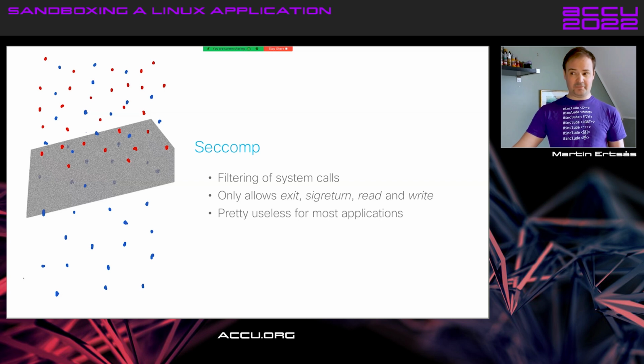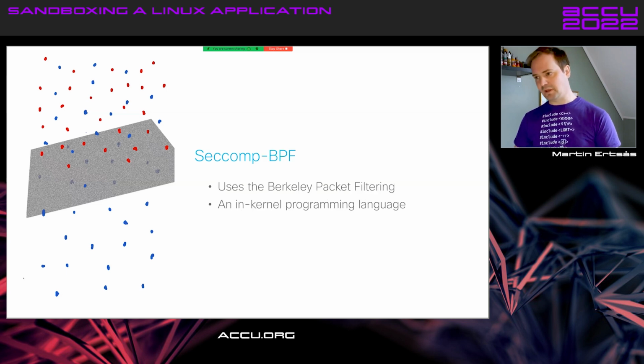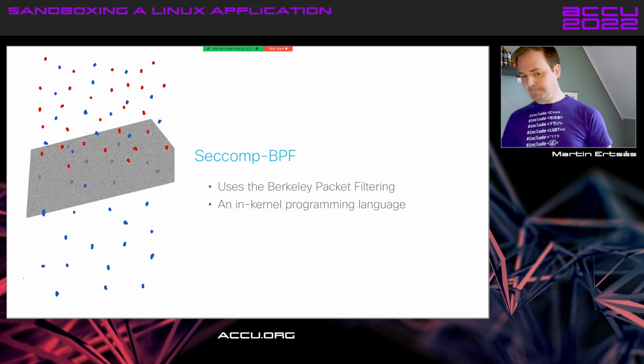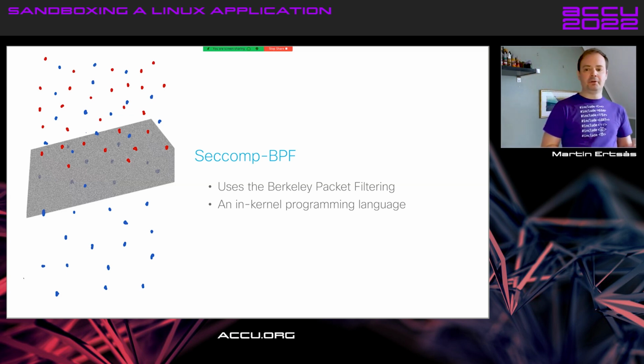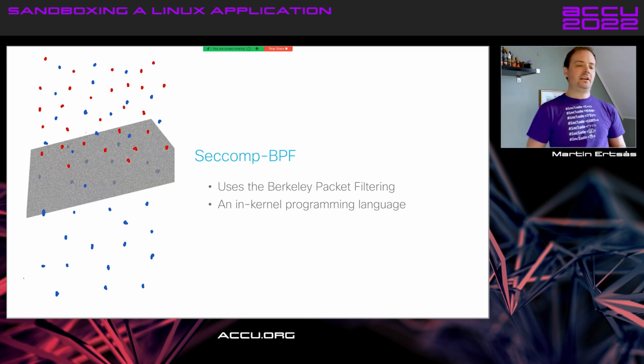So this is the old seccomp. This is the first initial version of seccomp. But today, we have seccomp BPF. So when someone says seccomp, they probably mean this. Now, seccomp uses the Berkeley Packet Filter. Berkeley Packet Filter is an in-kernel programming language.